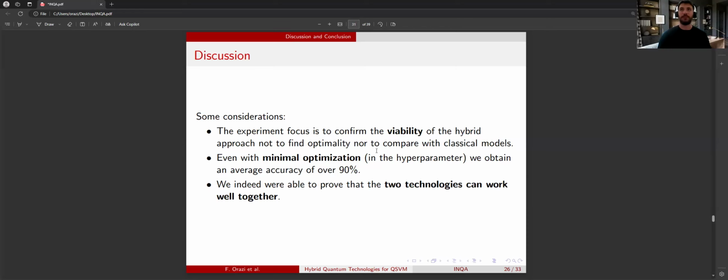The experiment was just accessory to the methodology. But even with minimal optimization, we just tried 2 values for each hyperparameter, we obtained an average accuracy over 90%. And in our opinion, we were able to prove that the 2 technologies can work well together.